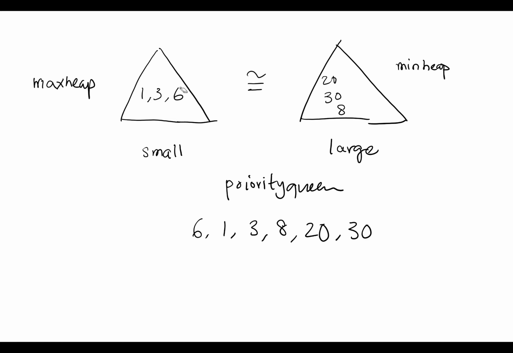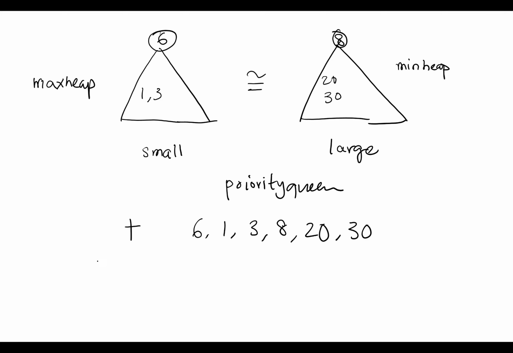The benefit is that for the max heap, the largest value is always on the top, and for the min heap, the smallest value is on the top. Okay, so these things have been added, and for now think that we have balanced the values in such a way that all the large values go to the min heap, and the smaller half is in the max heap.